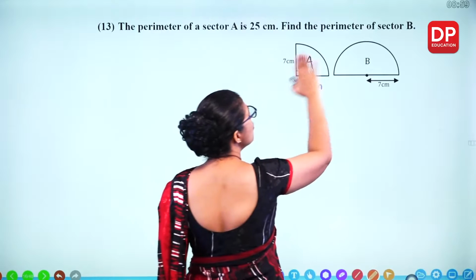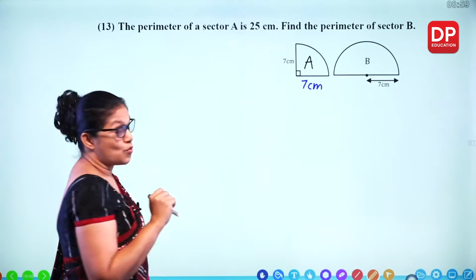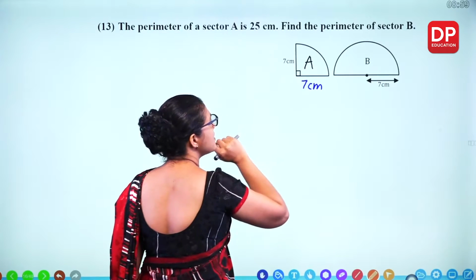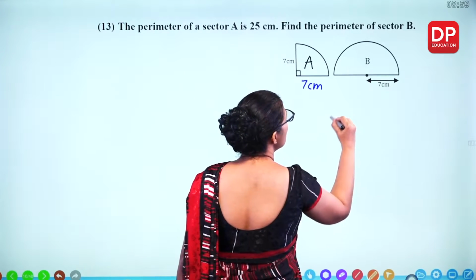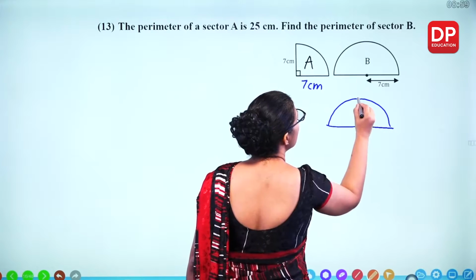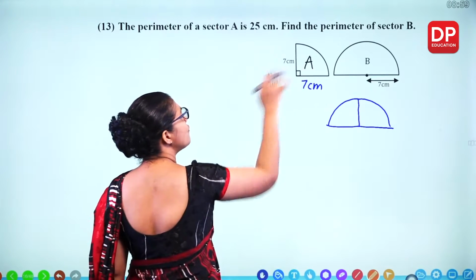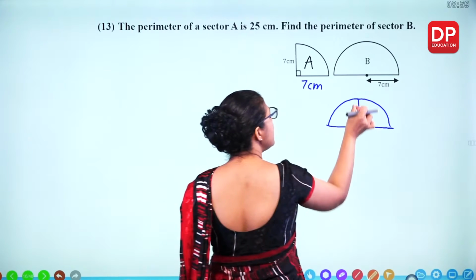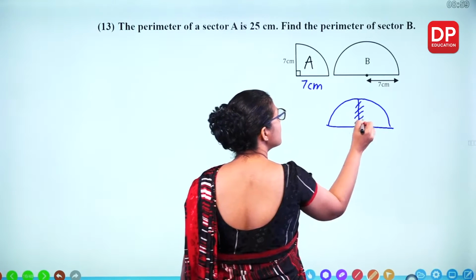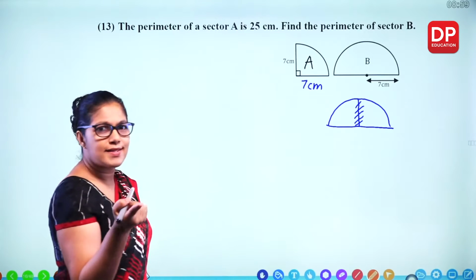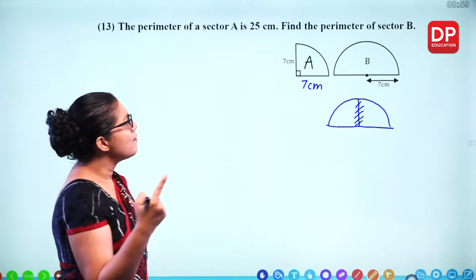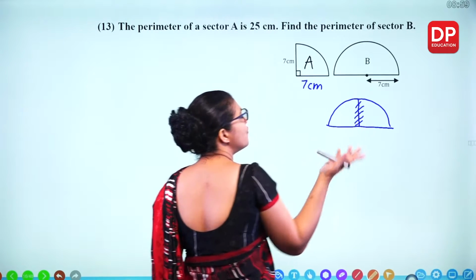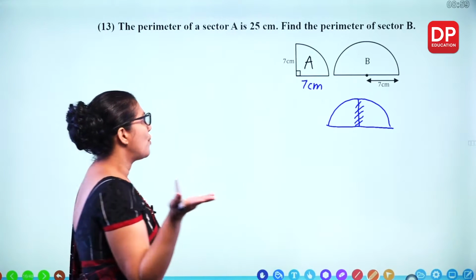You can use two methods for this one. If you take now, here this is also 7, the radius is 7. You can draw this one like 2 of these. But when you add 2 of these, you are adding this one extra here twice. So you can find out double of this and subtract double of this. That's also possible. So what's that method?